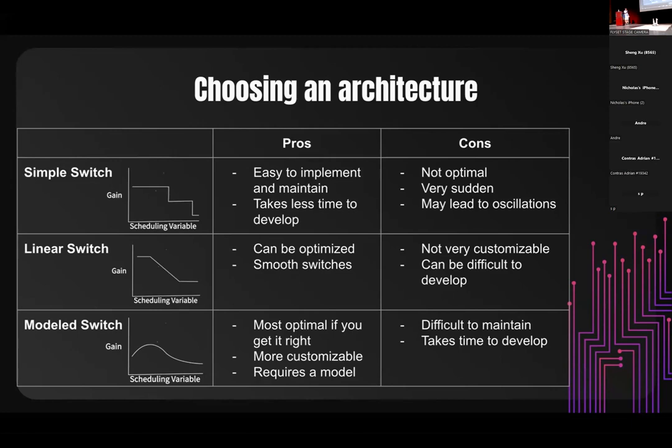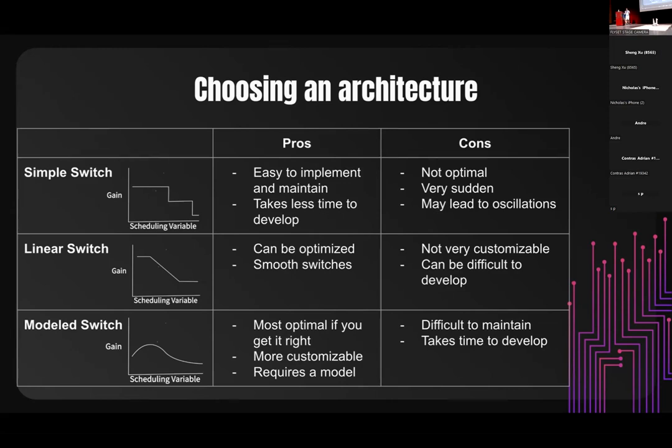But some problems are that you might have to find a lot more design points to actually get the modeled switch to work the way you want. And along with that, it's kind of difficult to maintain because if you want to make a small change, you have to come up with a new function that you're using. And along with that, it also takes a lot more time to develop.